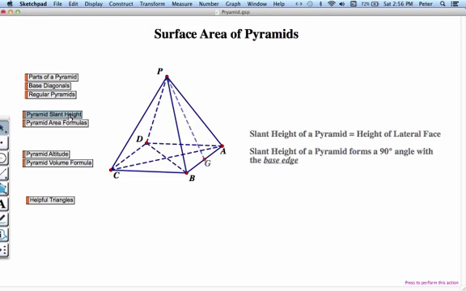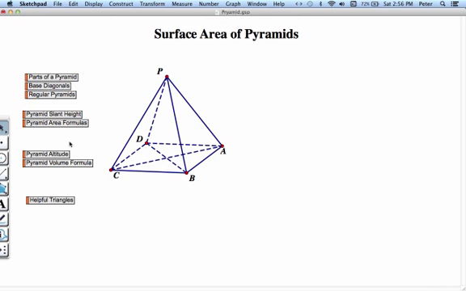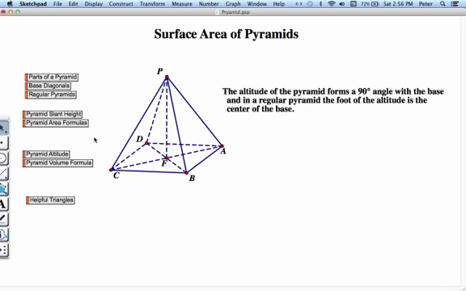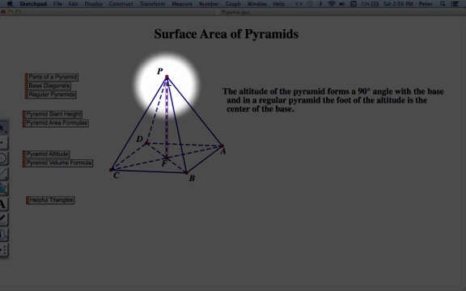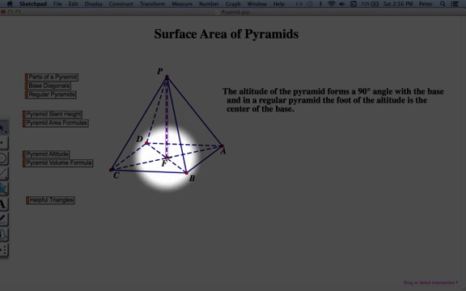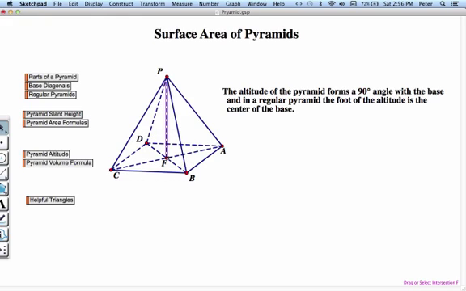Okay, let's take a look at one other part of a pyramid that's going to become useful in this chapter, but not in this section, and that's the pyramid's altitude. The altitude stretches from the vertex to the base, and it meets the base at 90 degrees. For a regular pyramid, this will be where the diagonals meet.